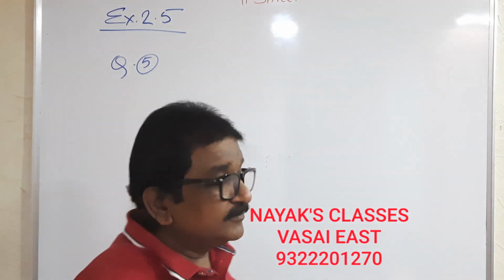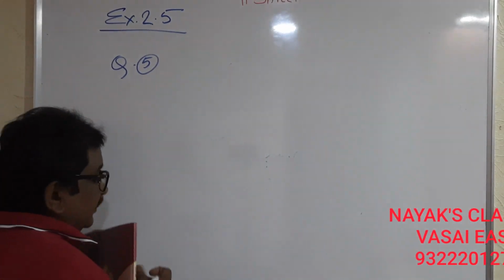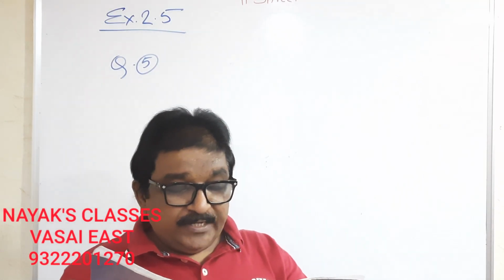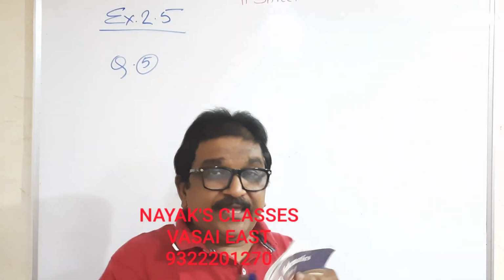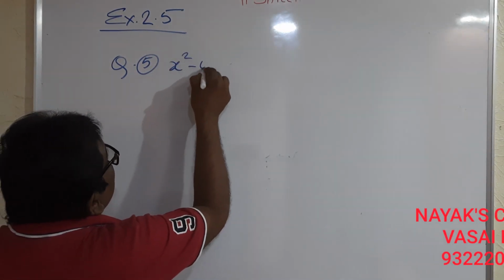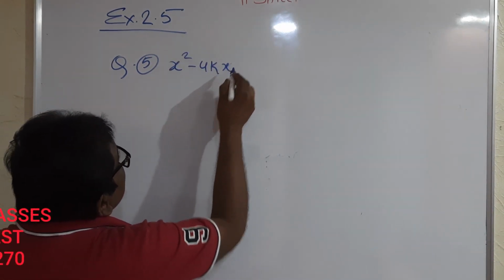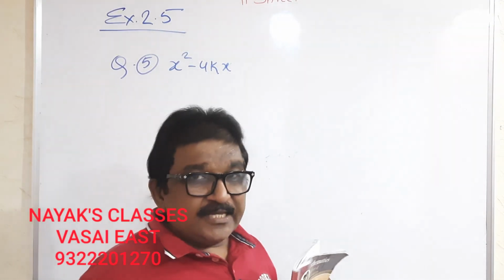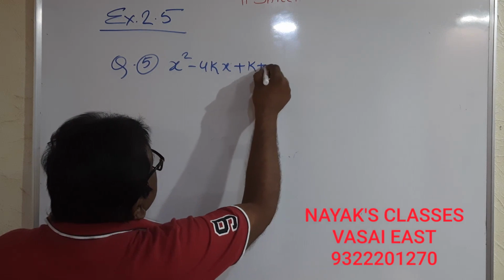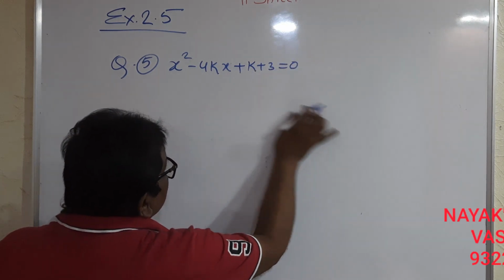Here the given equation is x square minus 4kx plus k plus 3 is equal to 0.